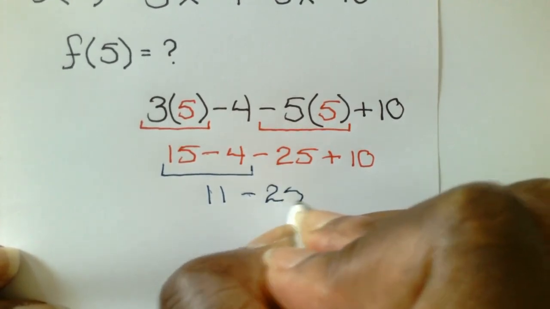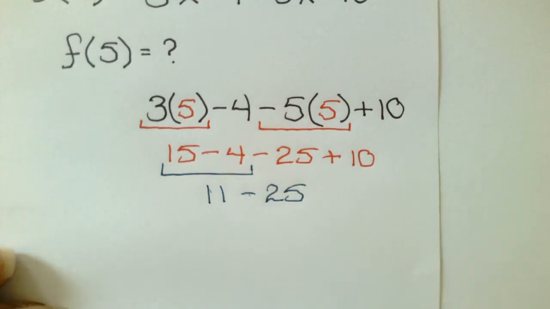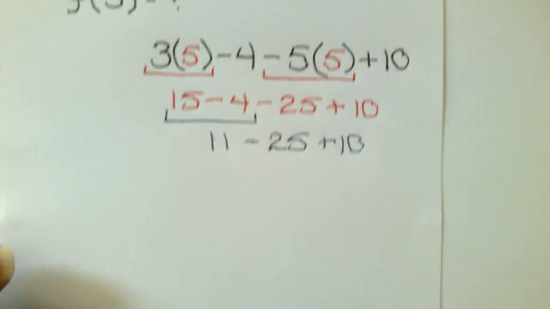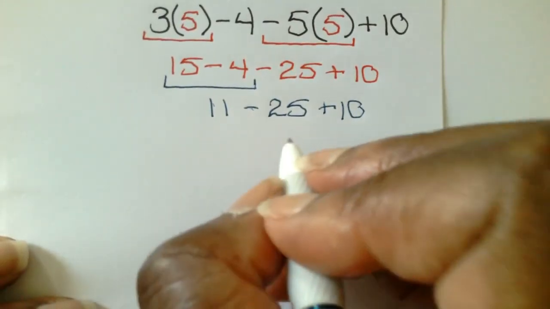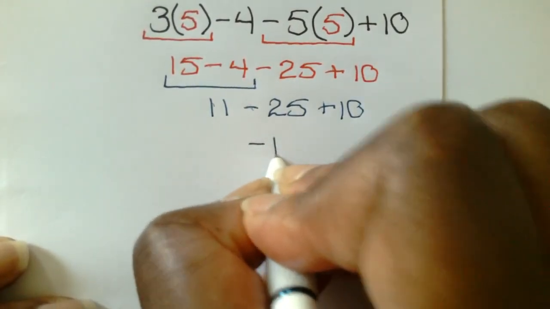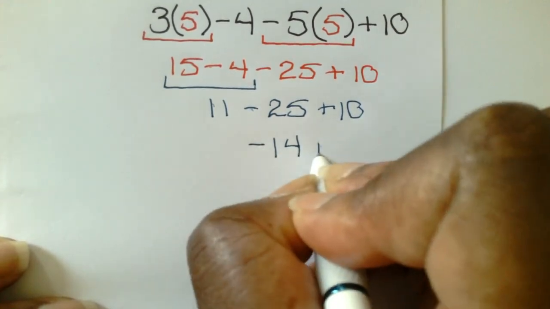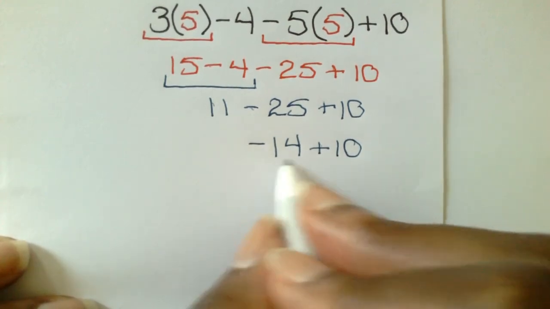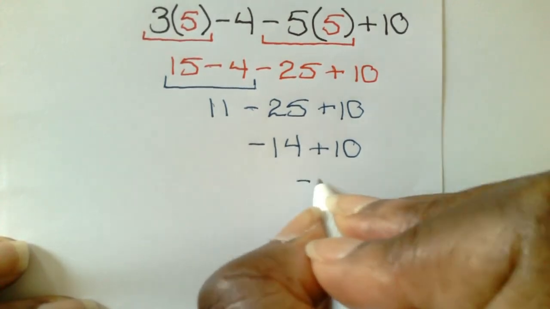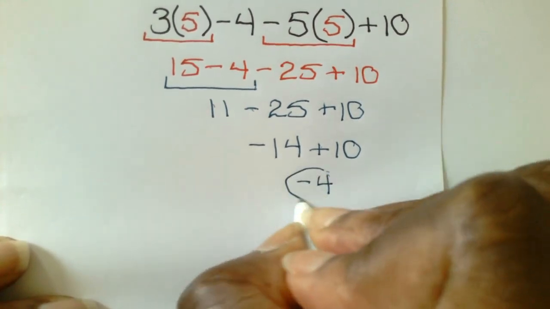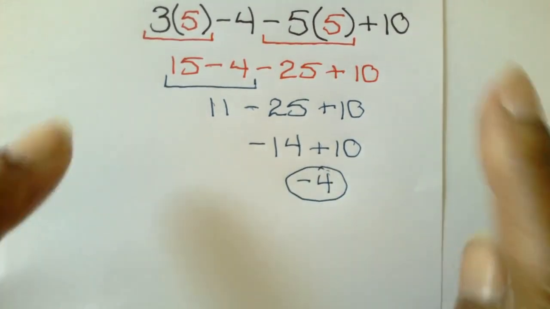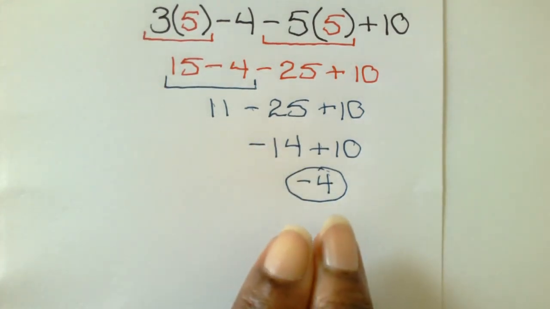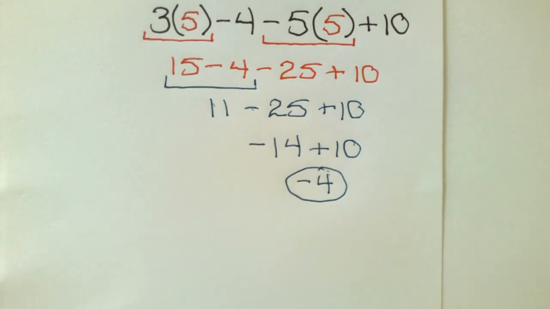Then 11 minus 25, and I'm going to bring down my plus 10 too. So 11 minus 25 gives me negative 14. Bring down the plus 10. Then negative 14 plus 10 gives me negative 4. Notice how I narrow it down to our answer. That's one way of doing it.